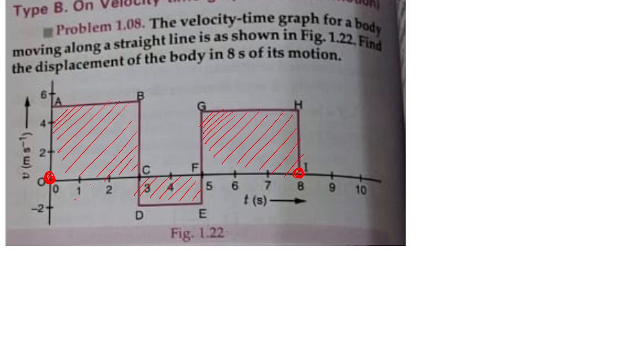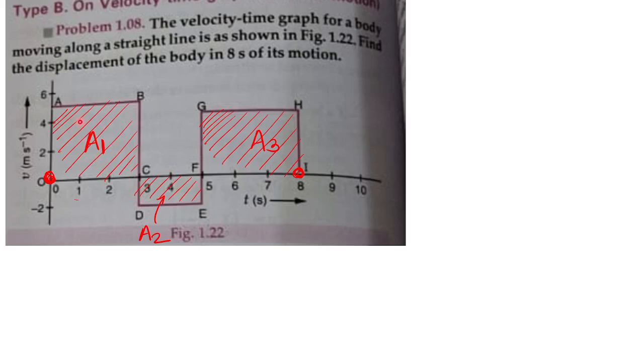The total area will be this area, let it be A1, this area A2, and this area A3. But the sign must be considered. The area above x-axis should be positive. The area below x-axis must be negative. Otherwise, you will get the wrong answer.